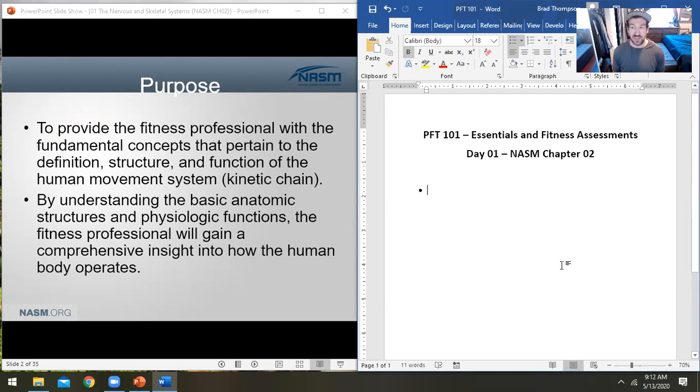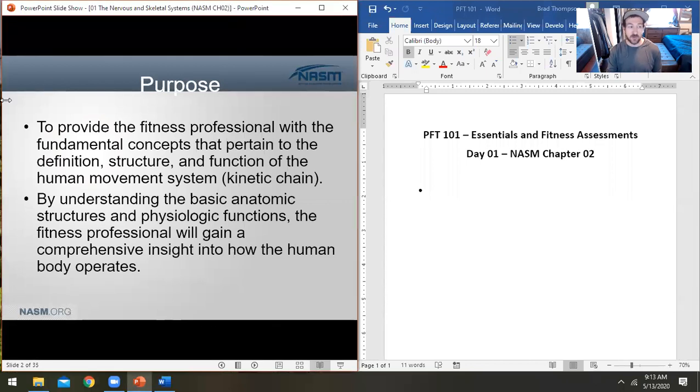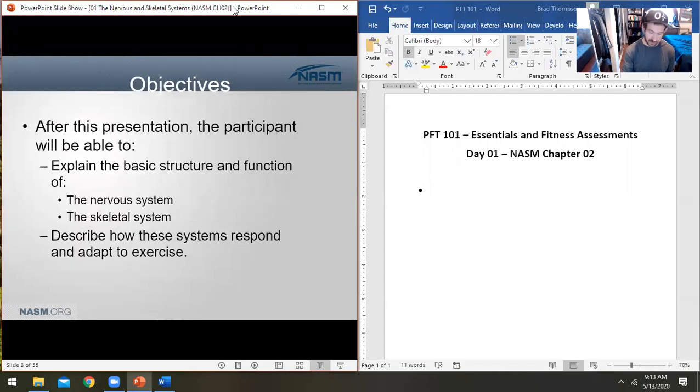By understanding those basic anatomic structures, that'll give us a little bit of a better overview and foundation for talking about how we actually move around, right? So we're going to understand the structure and the function today. After this presentation, we're going to be able to explain the structure and the function of the nervous system and the skeletal system. We'll get to muscular tomorrow. And then we're going to understand how those respond and adapt to exercise.